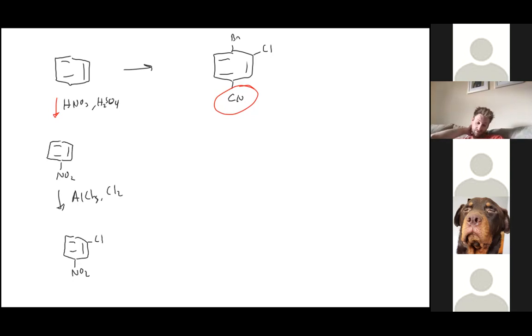So I had a group 6, which was a meta director. Now I've got a group 6 and a group 4.